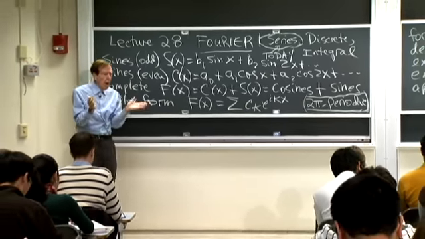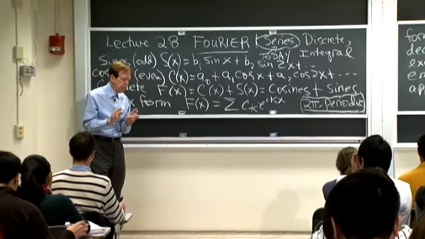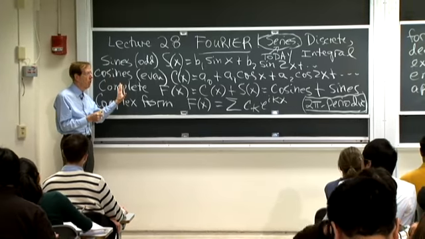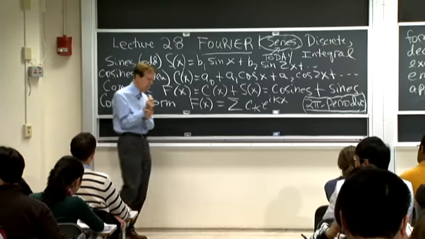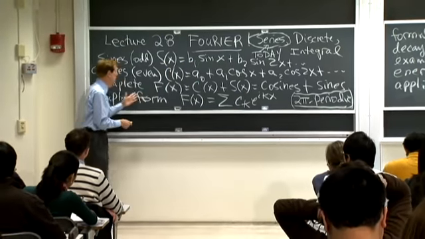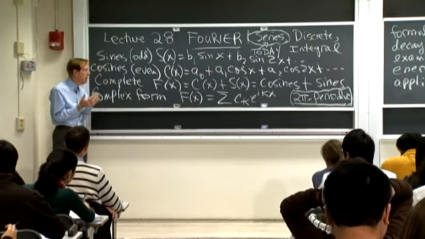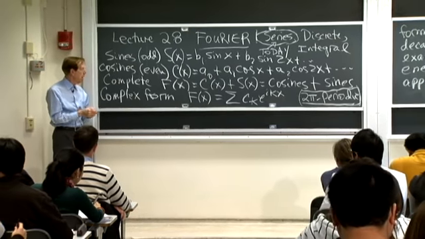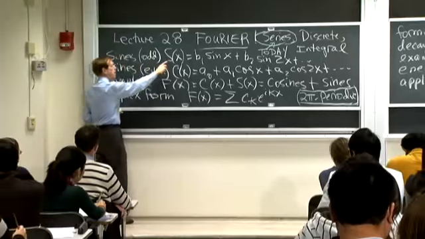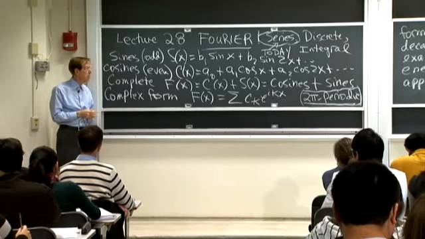I realize many of you will have seen Fourier series before. I hope you'll see some new aspects here. Let me get organized. It's nice to have some examples that just involve sines.